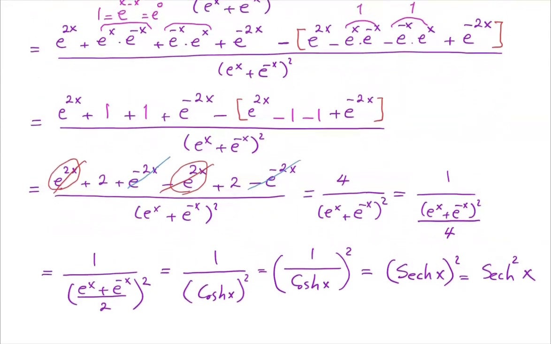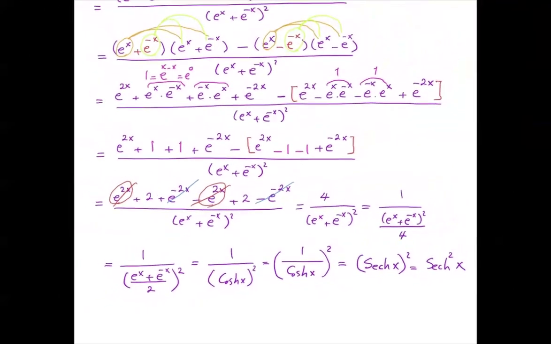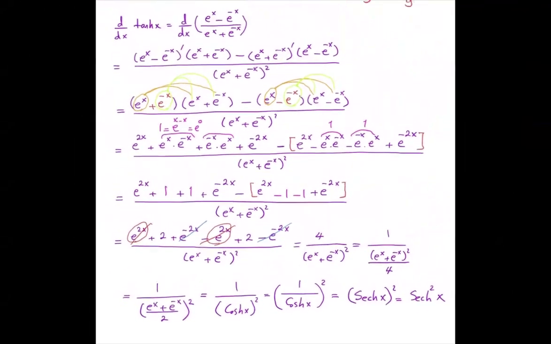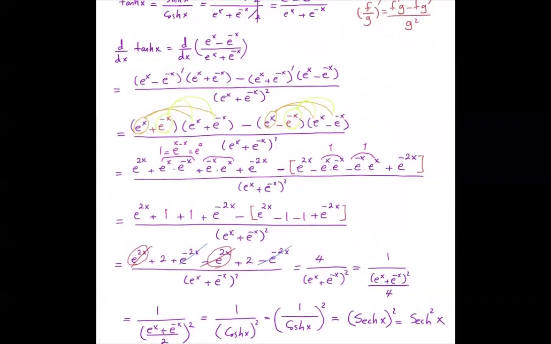Okay, what was that? Let's go back to the top. What did we do? We had the derivative of hyperbolic tangent. The derivative of hyperbolic tangent happens to be hyperbolic secant to the second power of x. Keep forgetting to add c.